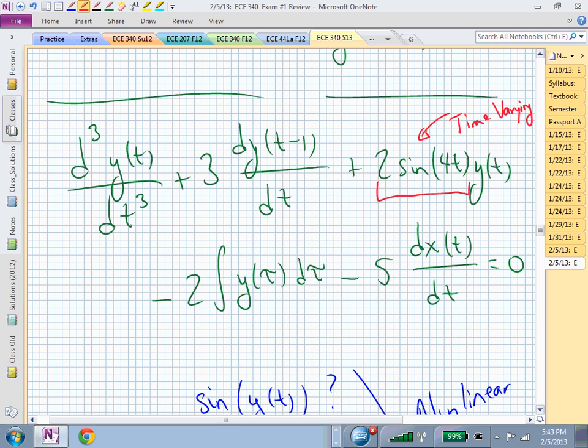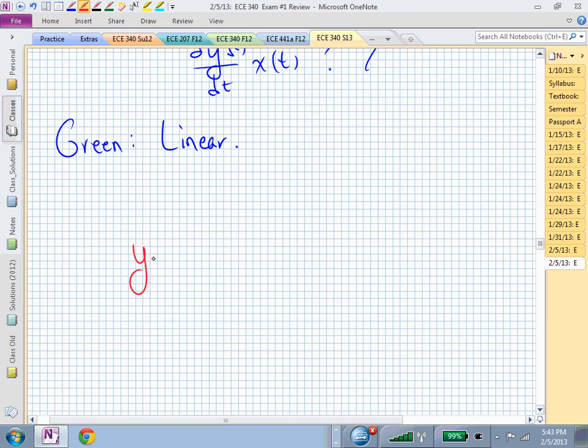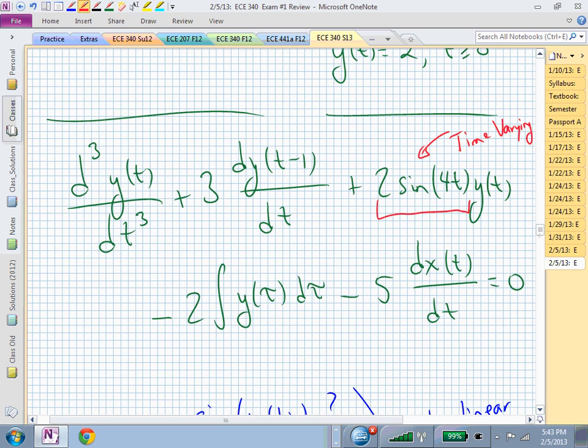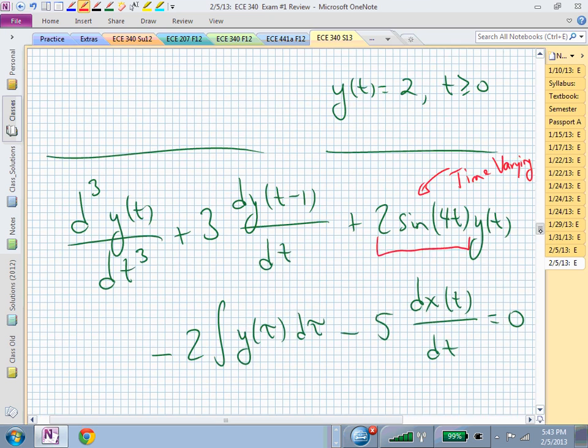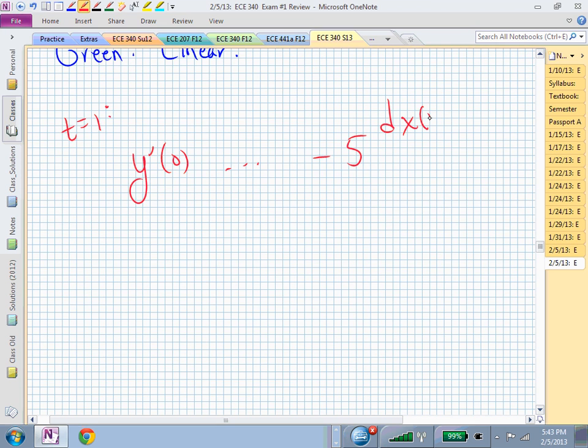Meaning if I look at that piece, I have y prime of 0, so I let t equal to 1, didn't I? And if I go back up here, I have y of 1. My outputs I really don't care about for causality, but I look now at my input, and I have this dot, dot, dot minus 5 dx of t, so that's now dx of 1 dt equaling 0. And does that help me answer this question of causality?